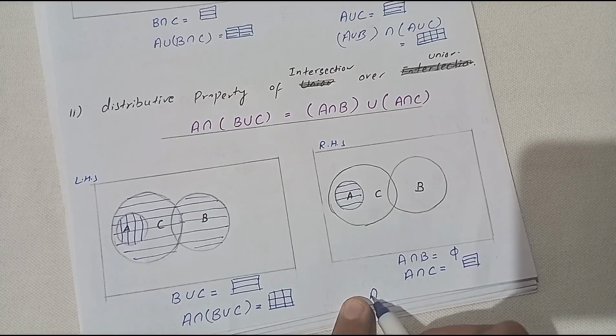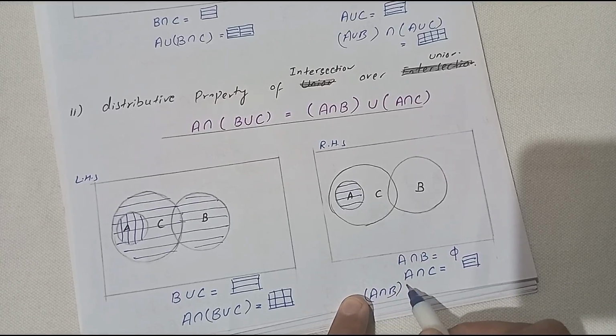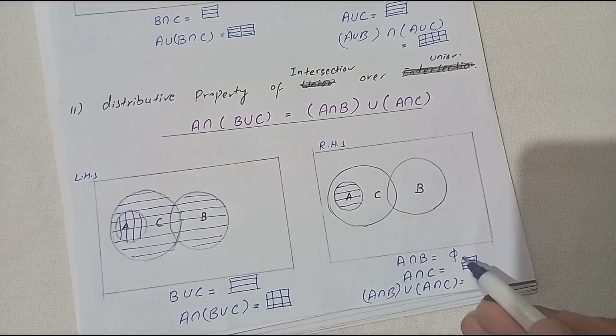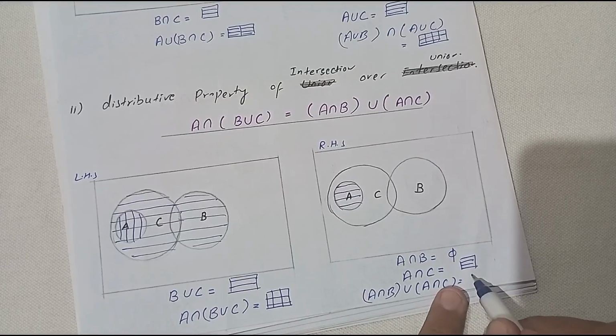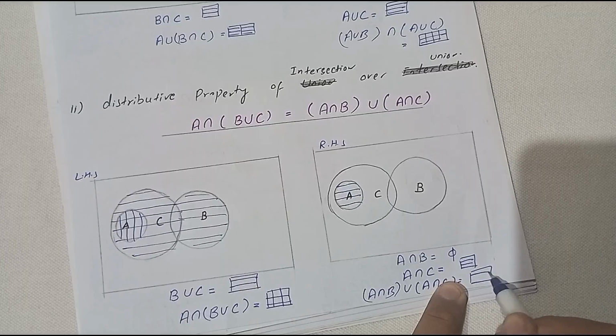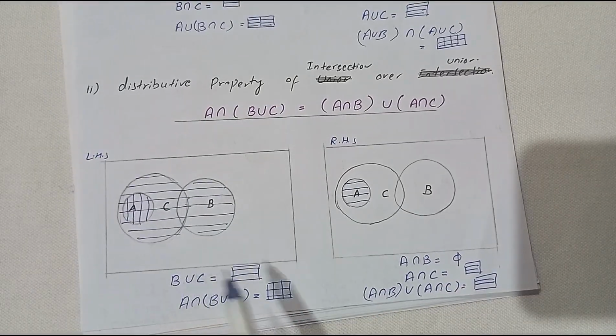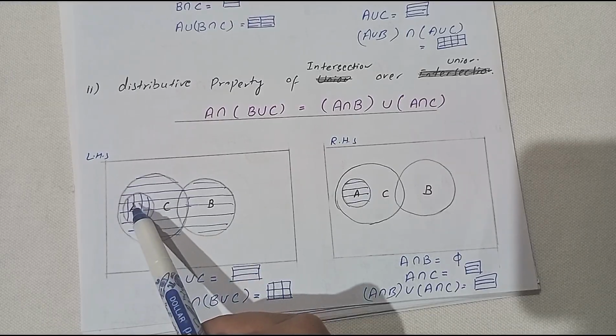Now A intersection B union A intersection C is a union of phi set and this horizontal shading, which is also equal to horizontal shading. So you can see on the left hand side the shading of A intersection B union C is double line shading of horizontal and vertical, which is the A set.